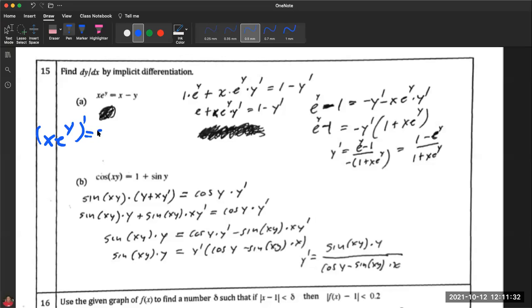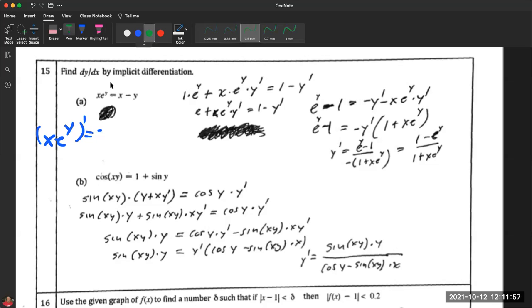Here, the derivative of x is 1. But when you really think about it, derivative of x is 1 times the dx, technically. It's like the chain rule times that. But that's just 1, the derivative of x. So that's why we don't write the x prime, or that's why the y prime comes up. We don't write x prime because the derivative of x with respect to itself is 1.